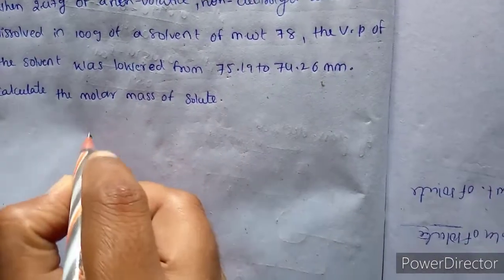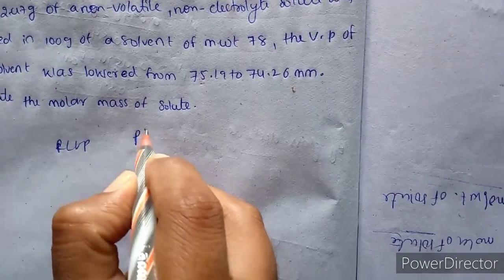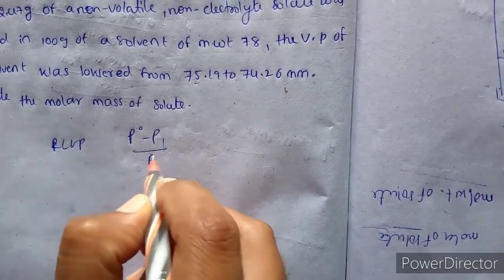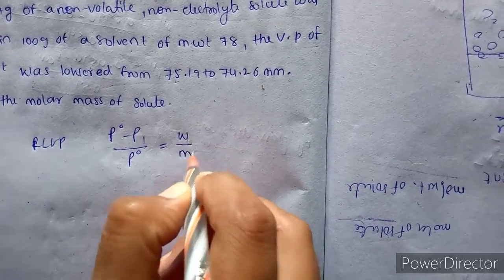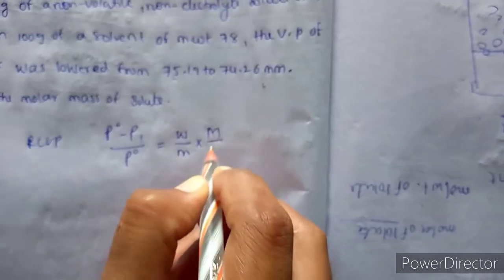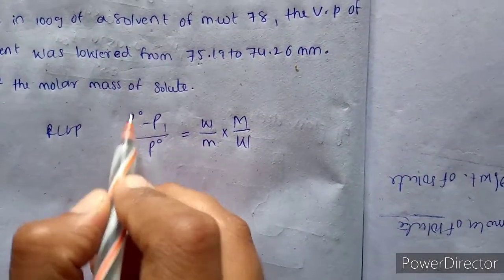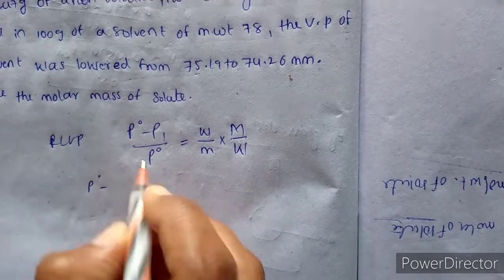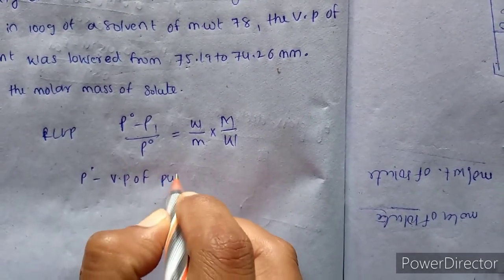What is the formula of relative lowering of vapor pressure? It is P0 minus P1 by P0, equal to w by m into capital M by capital W. What is P0?